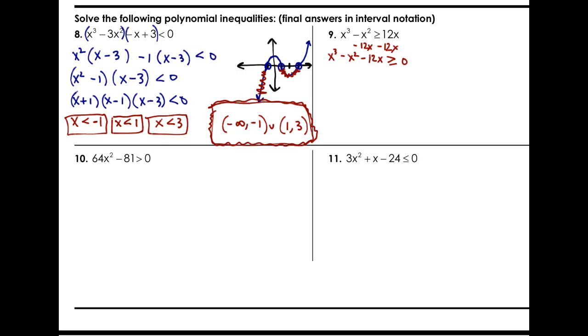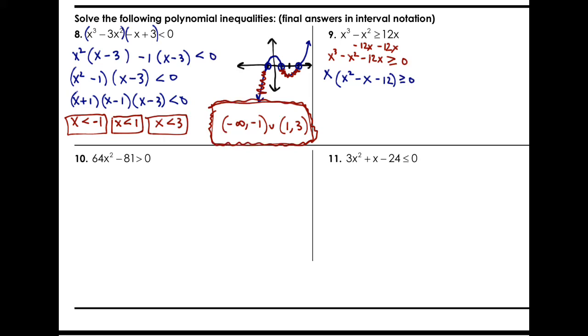And now we can pull out a GCF from this side right here because they all have an x. So we can take an x out. Inside the parentheses will be x squared, minus x, minus 12 is greater than or equal to 0.